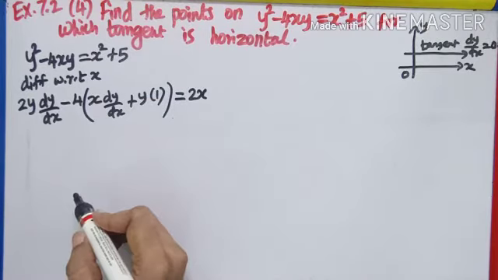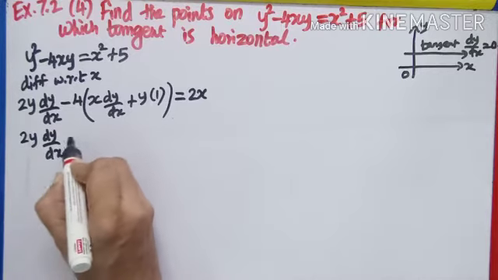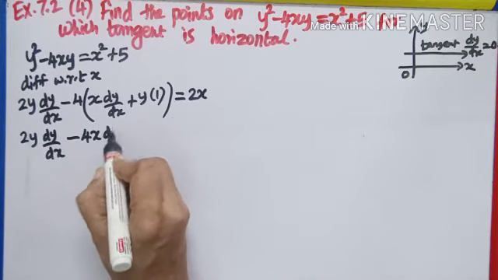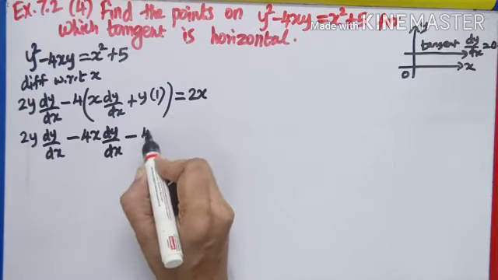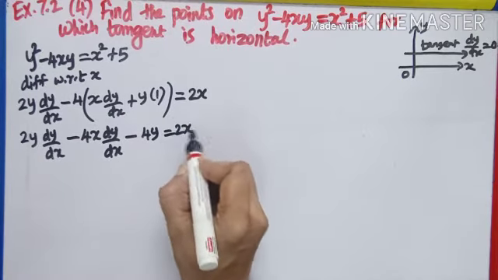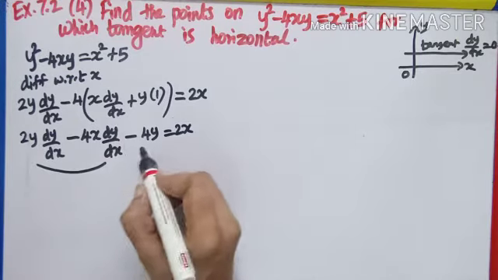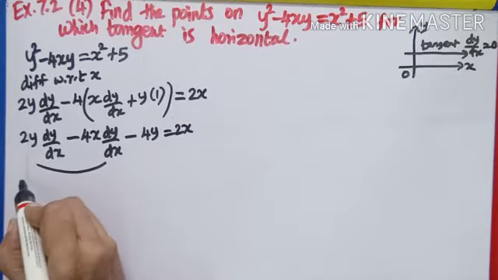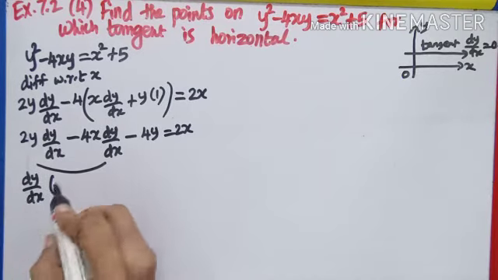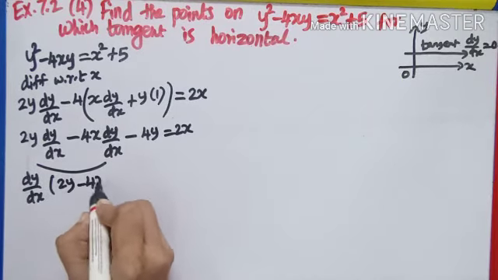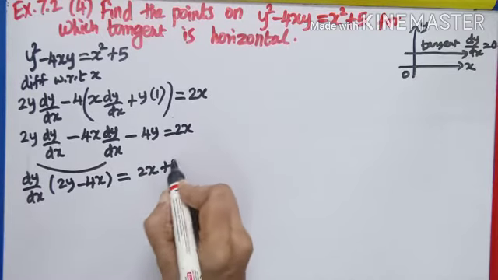Now simplifying this, 2y dy by dx minus 4x dy by dx minus 4y equals 2x. Keep dy by dx terms on the left, the remaining to the right. So I get dy by dx into 2y minus 4x equals 2x plus 4y.